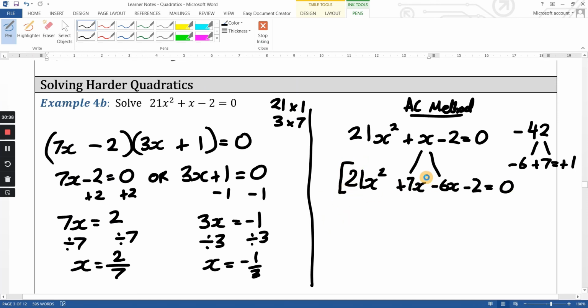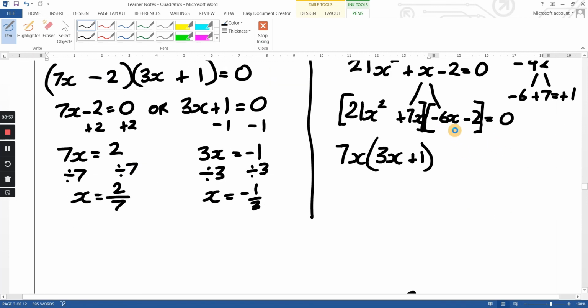Factorize this and factorize this separately. So like I said, I can take a 7 out of both of these. Definitely take an x out as well. That leaves me with 3x plus 1. Let's factorize the second square brackets. The only thing I can take out is a minus 2.